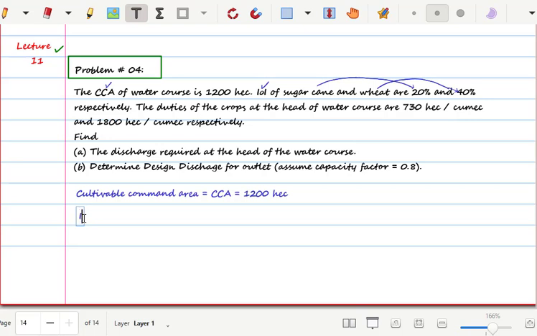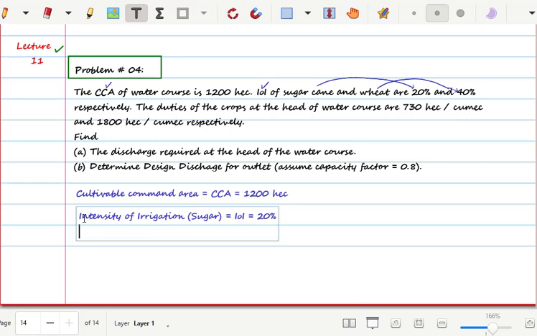Let's write down the abbreviation. Intensity of irrigation for sugarcane, which is equal to IOI, given to us is 20%, right?